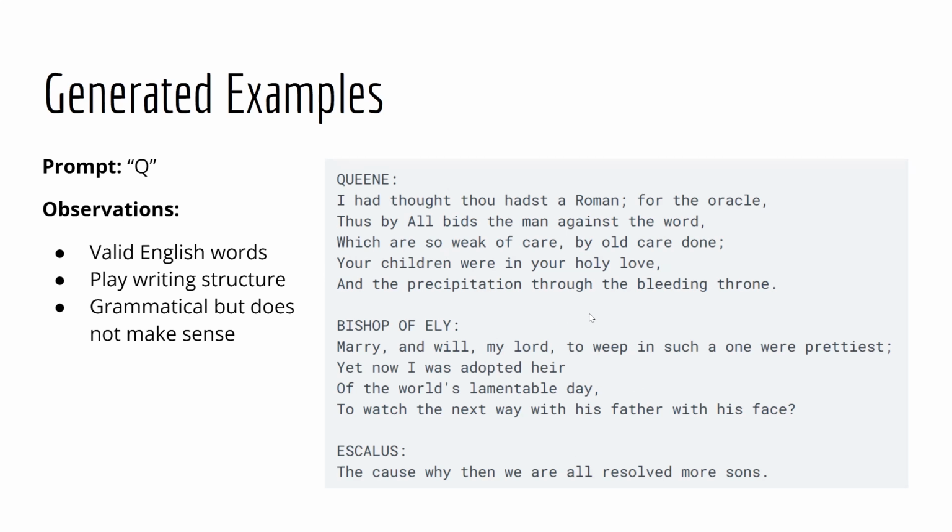You can observe that the good part is you can see these are valid English words, and the model is even able to generate the text so that it's in the play writing structure.